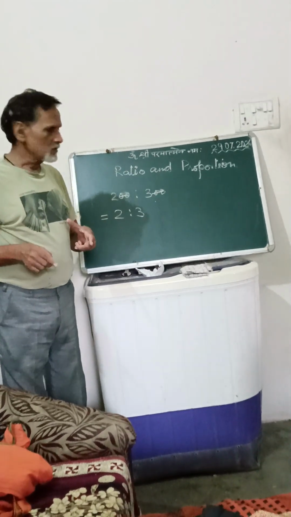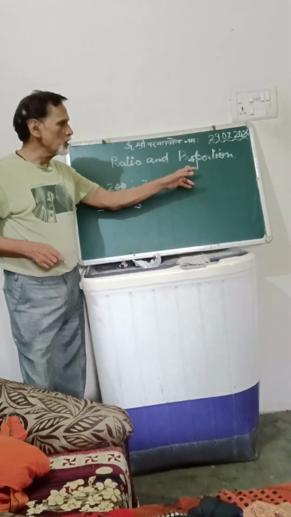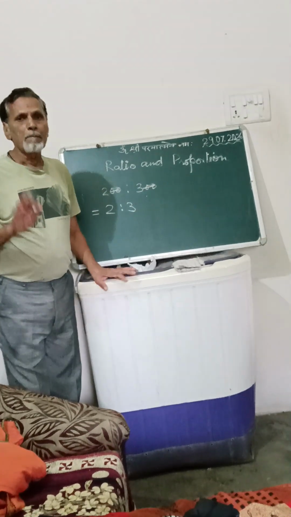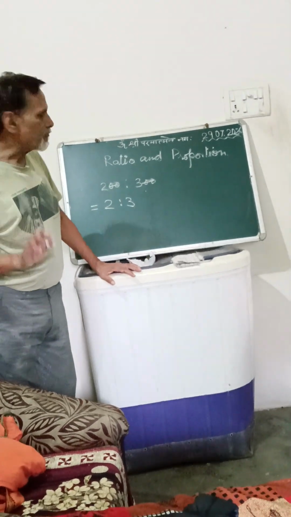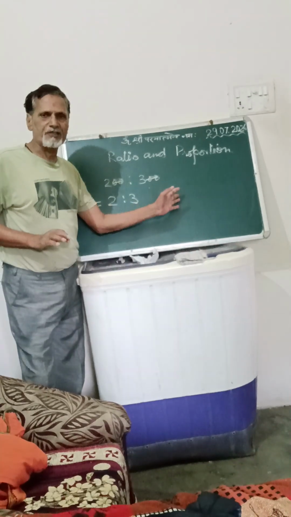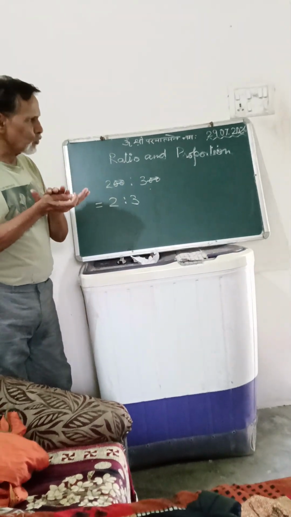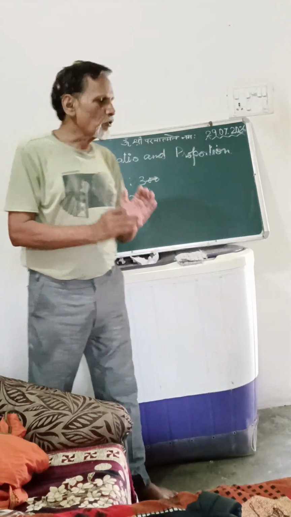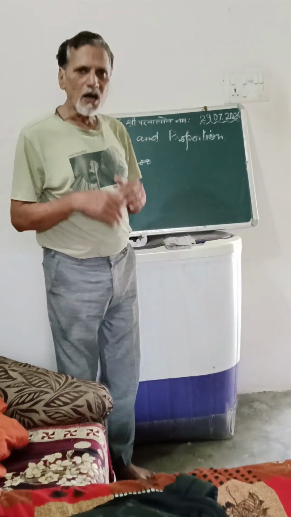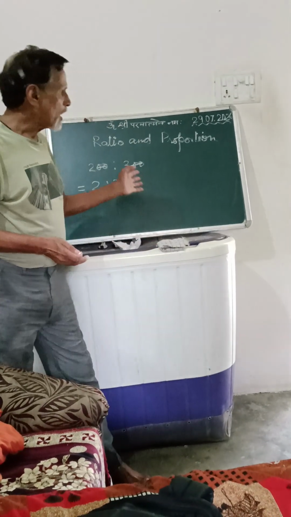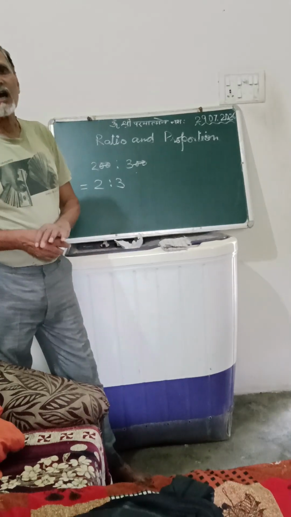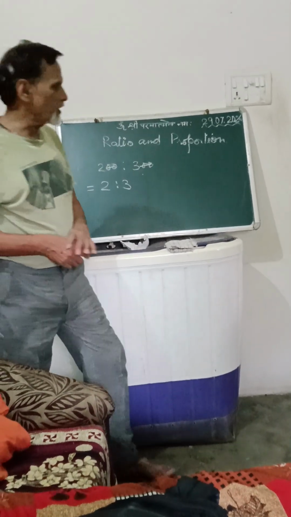After this, the second one is, what do we mean by proportion? Mind it, out of 4 quantities, if the ratio between the first two is equal to the ratio between the other two, all 4 quantities are said to be in proportion.